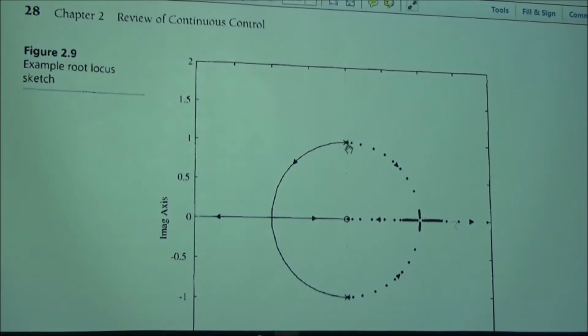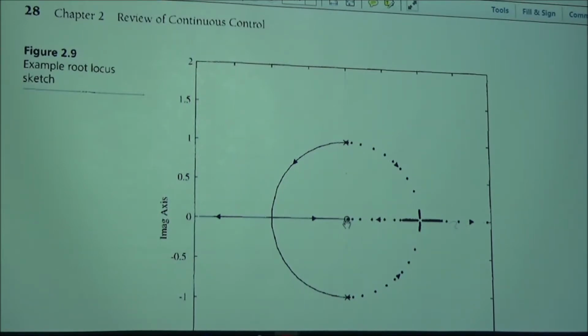Now this is the 2 poles. This is the zero. Another rule you need to remember is that going from right to left on the x-axis, all the segments to the left of an odd number of poles plus zeros are going to be part of the root locus.